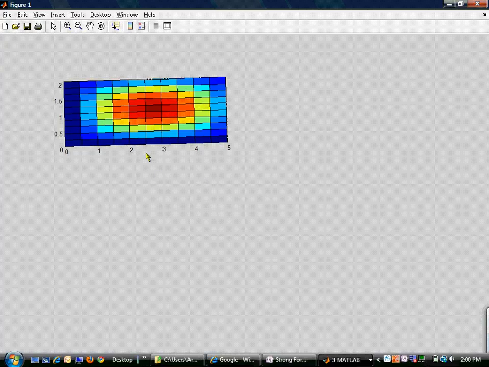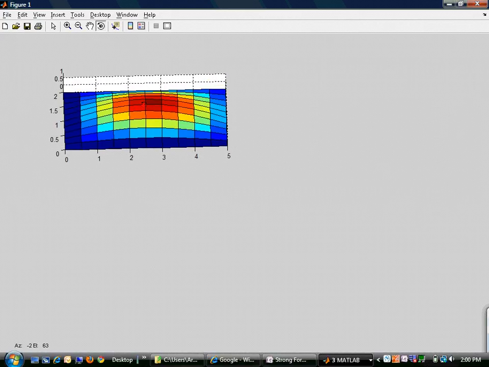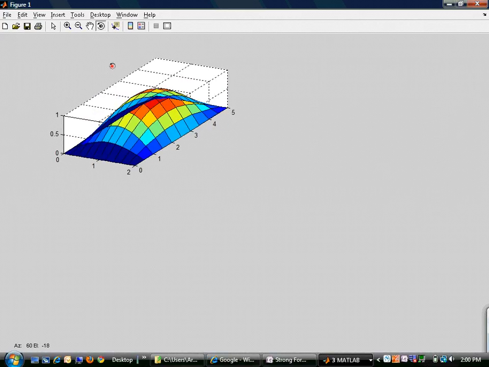So this is the domain. X dimension is 5, y dimension is 2, and they both have 10 parts in each dimension. And what we are plotting is this function f that I created. So this function f looks kind of like this.